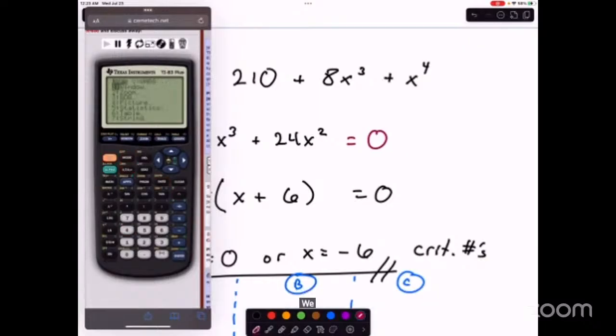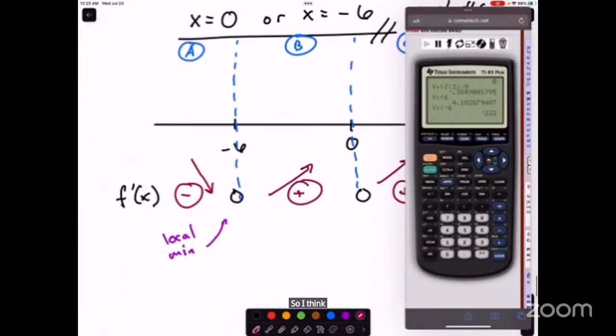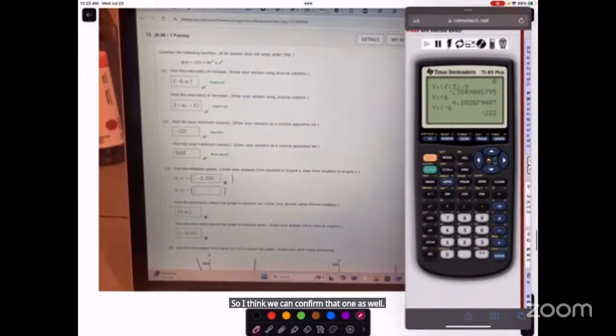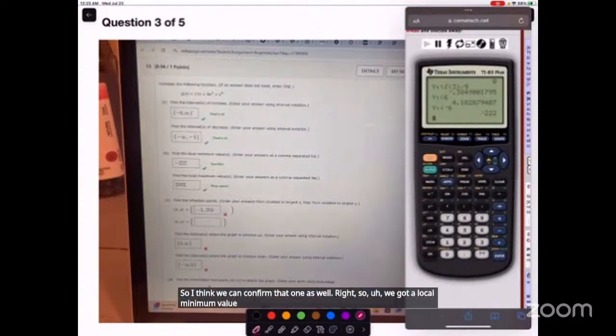We want to evaluate that when x is -6. We should get -222. Okay. So I think we can confirm that one as well. Right, so we got a local minimum value of -222 when x was -6.